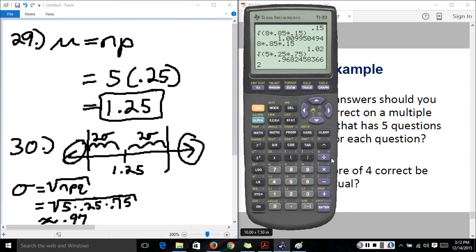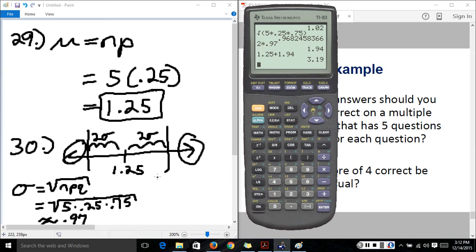So 2 times 0.97 is 1.94. 1.25 plus 1.94 will give me my upper bound.